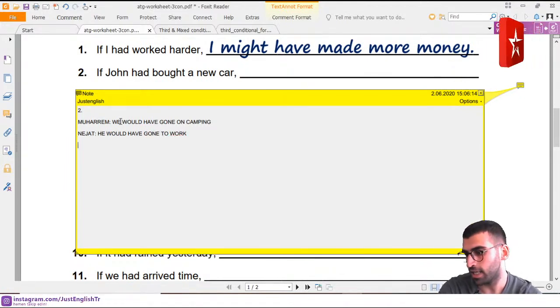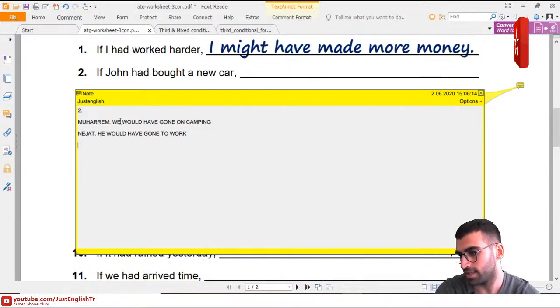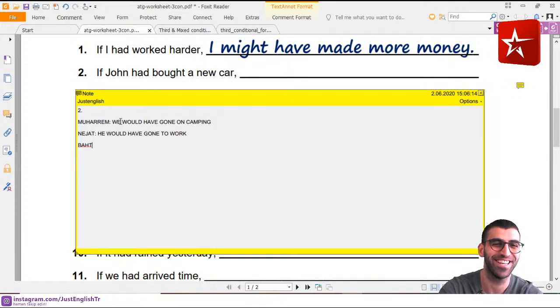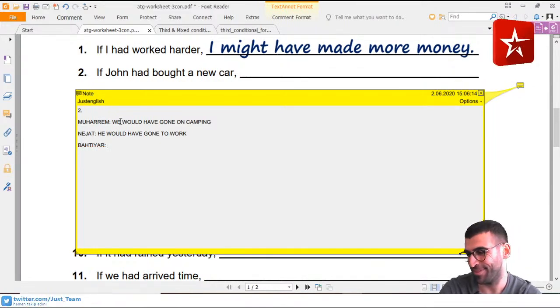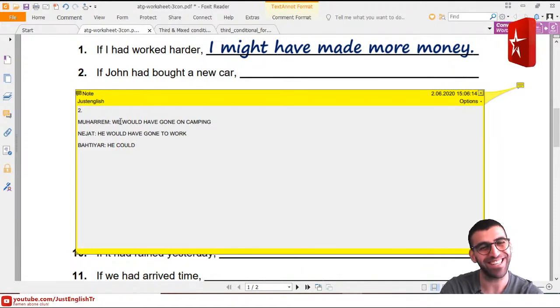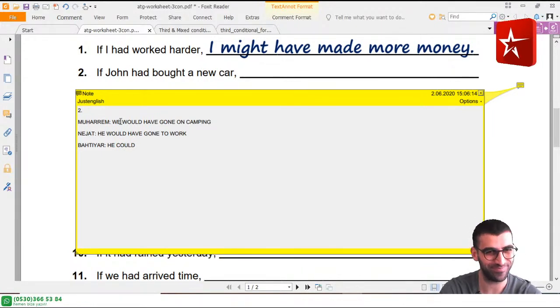All right, and the next one from Mr. Bahtiyar, he could have had a new girlfriend. Bahtiyar, that's a good idea. Okay, Bahtiyar says he could have, yeah, by using could. That's a good example.